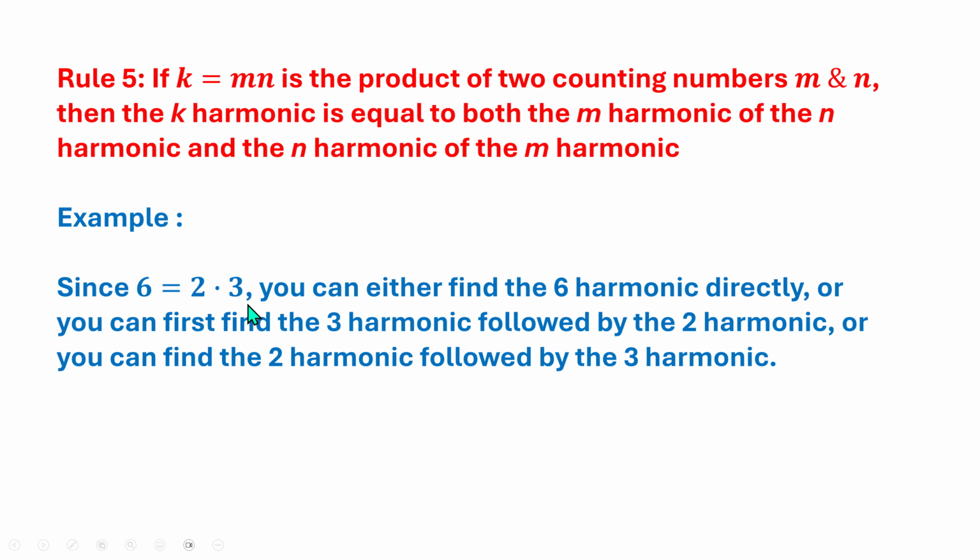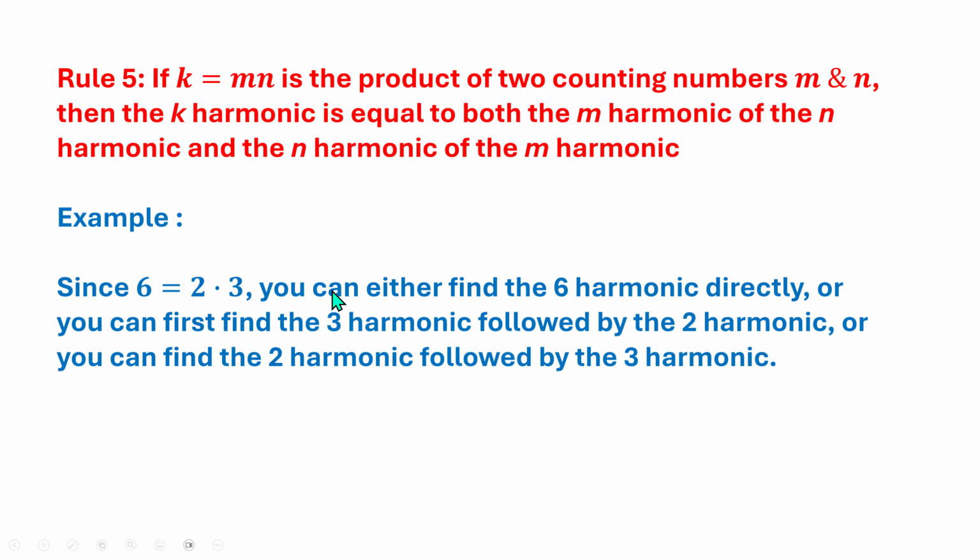So since 6 is equal to 2 times 3, I could either find the 6th harmonic directly by multiplying all of my angles by 6, or I could first find the 3rd harmonic and follow that by the 2 harmonic, or I could do the 2 harmonic first and follow that by the 3 harmonic. Either way I do it, I get back the same results.